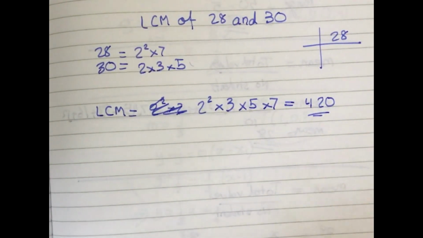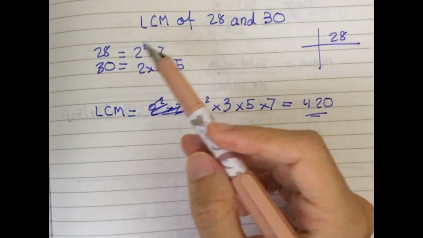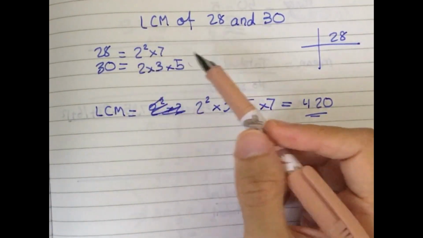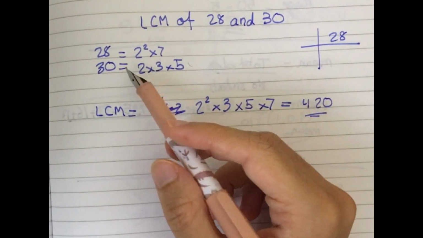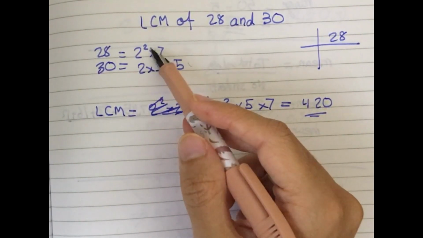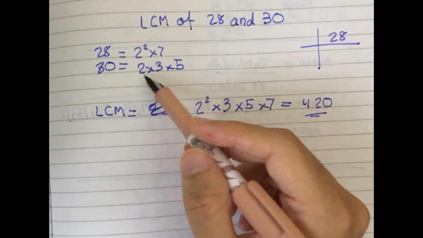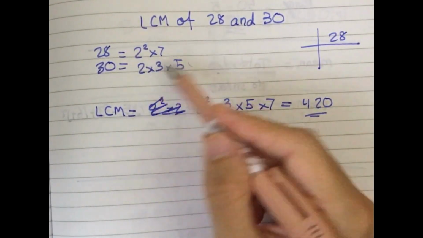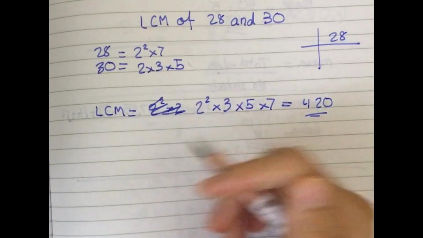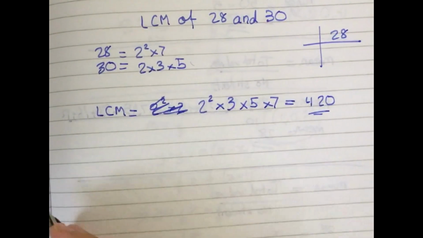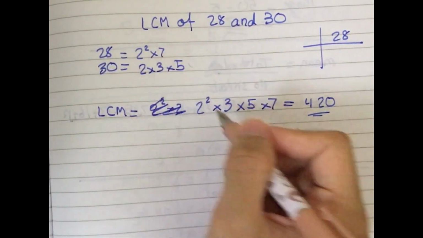Now we are going to use the same concept. Let me summarize it. I took the prime factor products: for 28 it's 2 square times 7, and for 30 it's 2 times 3 times 5. To find the LCM, whatever is not in both, I write it over here.